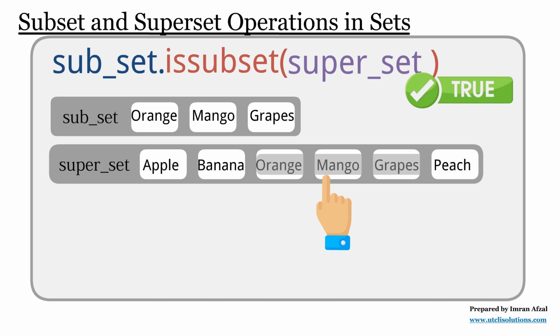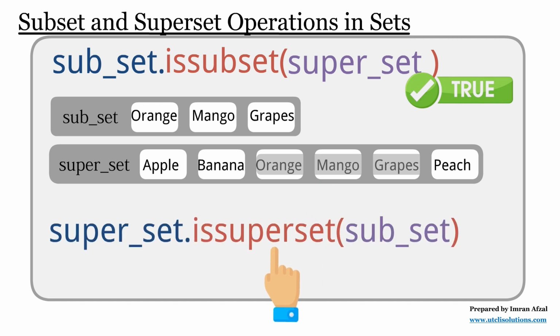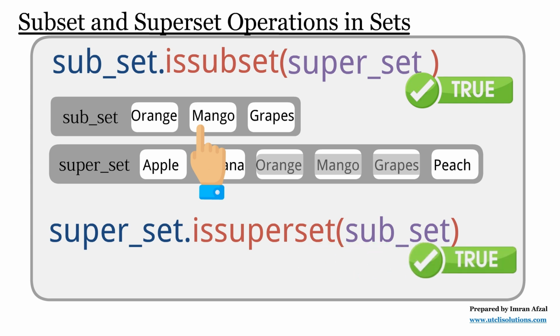Similarly, we use the issuperset function to check if one set contains all the items of another set. If it does, the function returns true, meaning it is a superset. Instead of using these functions, we can also use special symbols like less than and equal to for checking subsets and greater than and equal to for checking supersets.